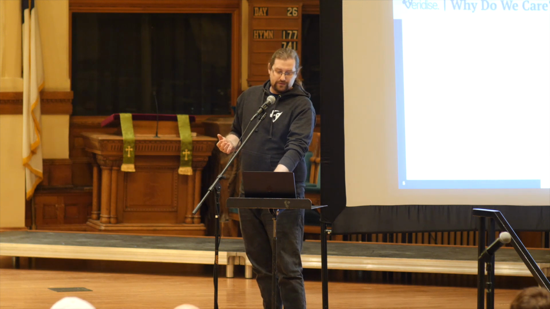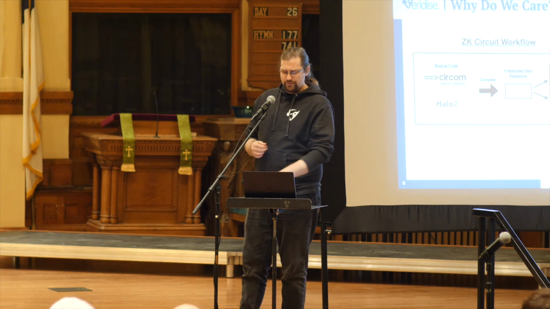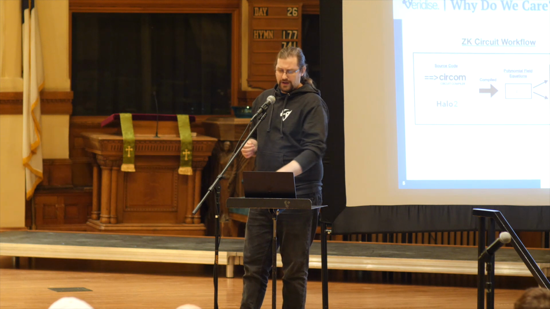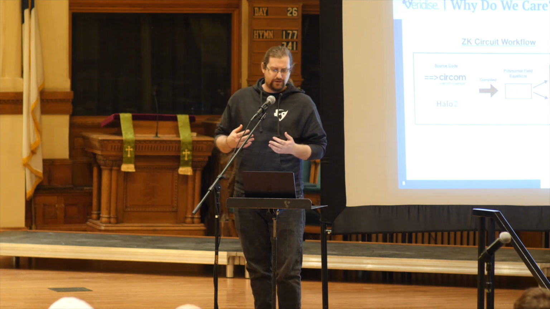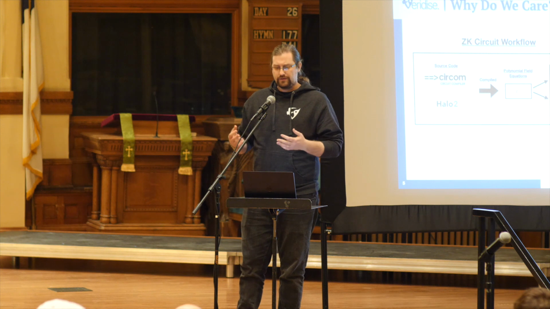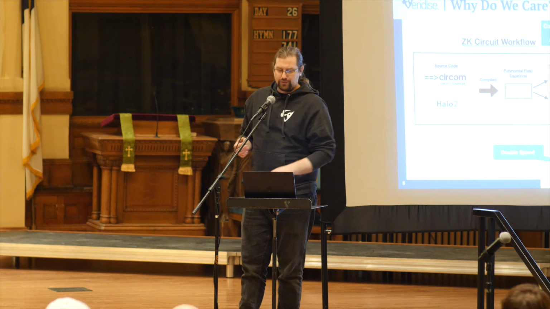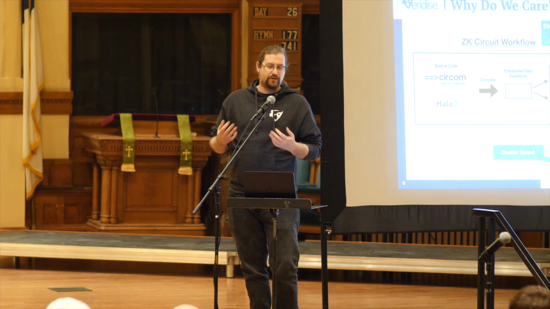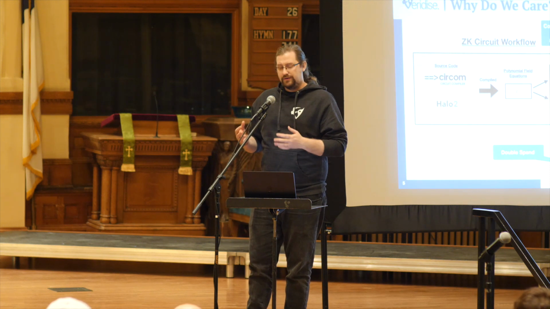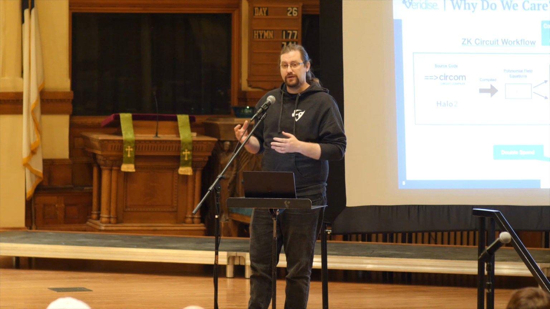So why do we care about this? Well, we've already taken a look at a ZK circuit, and essentially what's going to happen in this case is with these under-constrained bugs, the verifier can accept bad inputs. And the reason why this is important is because we've seen a couple of hacks in the past where someone expected their circuits to be deterministic, but they weren't.